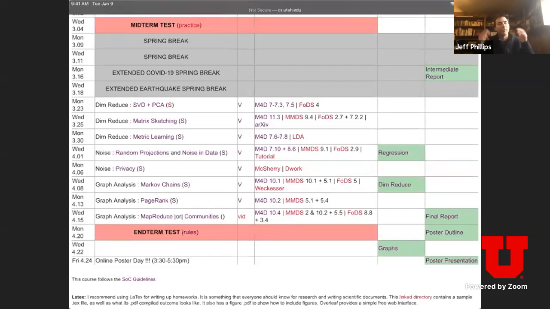Part of the whole idea of creating a poster and the poster session is, I think it's important to learn to actually present and discuss and field questions about your work and to see what other people are working on. And so we're going to combine that with what's becoming another important skill, having these online meetings.